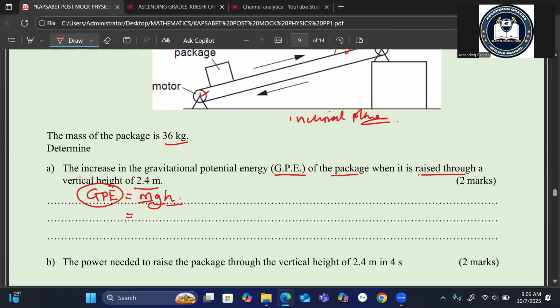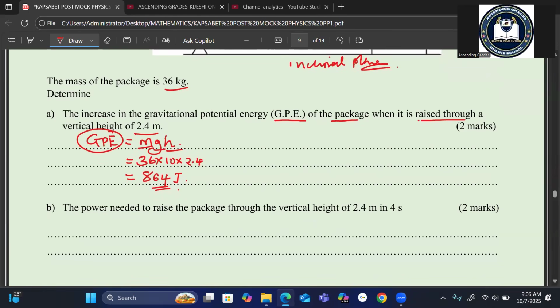So we substitute 36 times 10 times 2.4, and this is going to lead us to 864 joules.